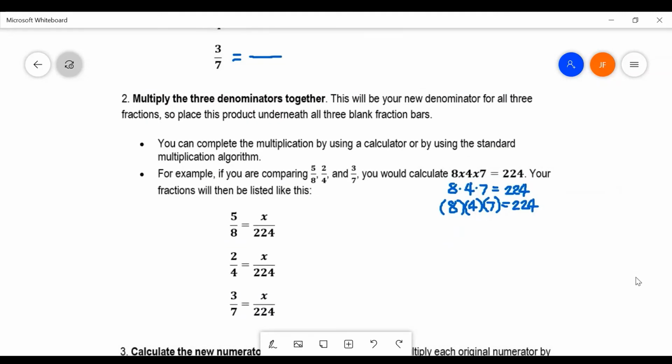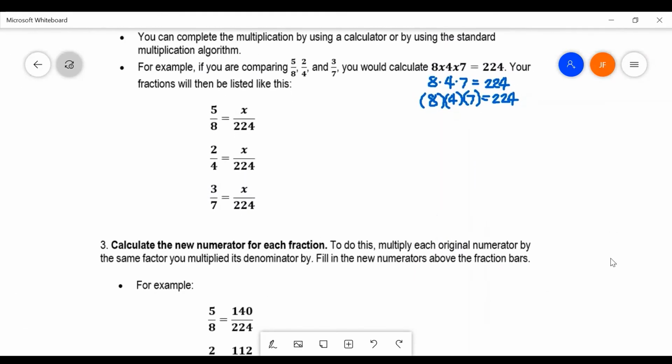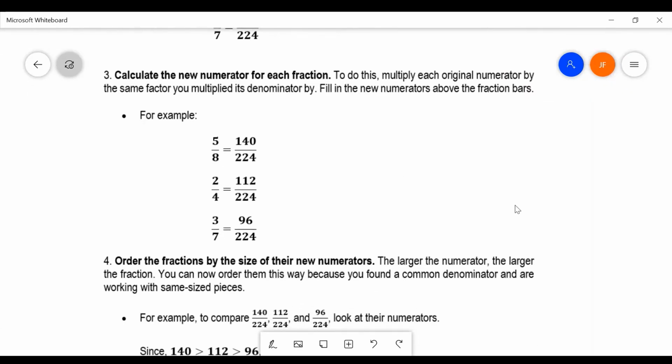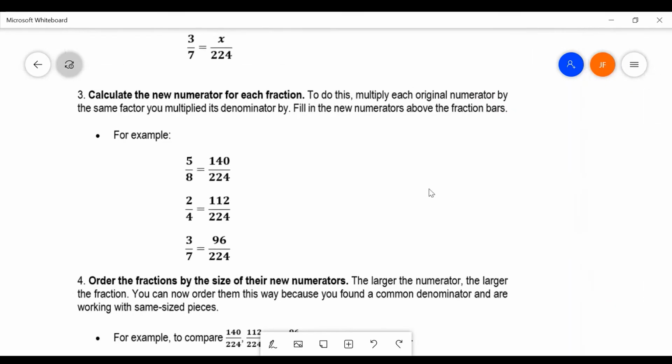Okay, step number 3. So in step number 3, we are going to calculate the new numerator for its fraction. To do this, multiply its original numerator by the same factor you multiplied its denominator by. Fill in the new numerators above the fraction bars.